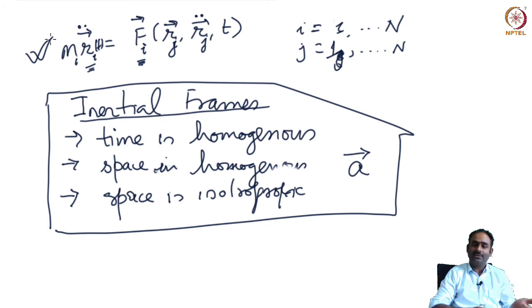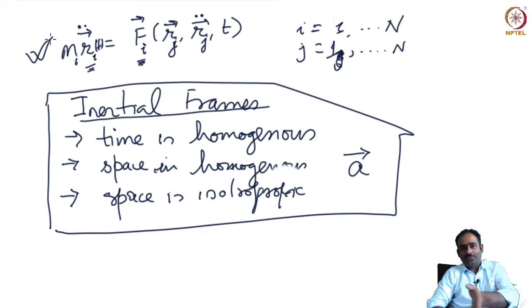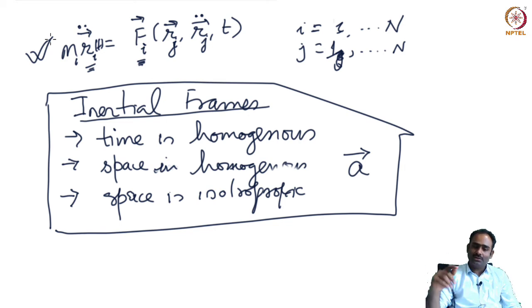There is nothing else on the left hand side. The left hand side is just the acceleration of that particle, and how much to accelerate and in what manner is told to it by the forces on the right hand side. So the right hand side has to know about this information which we wrote here.